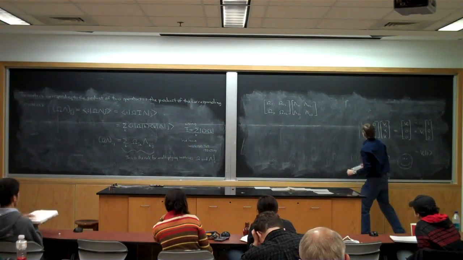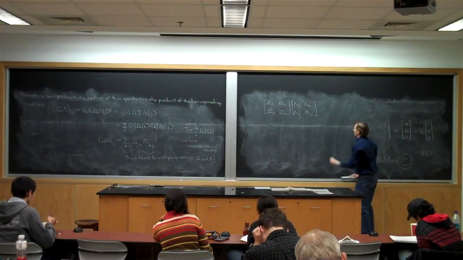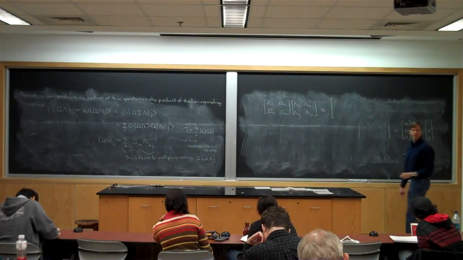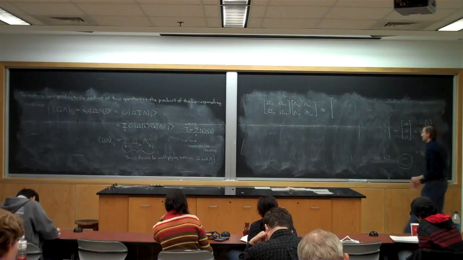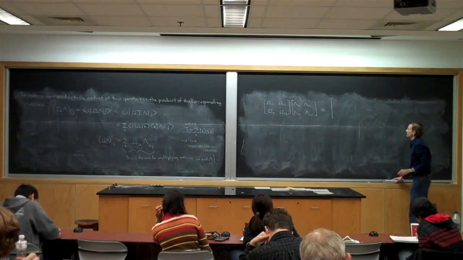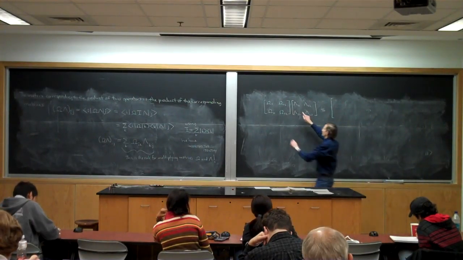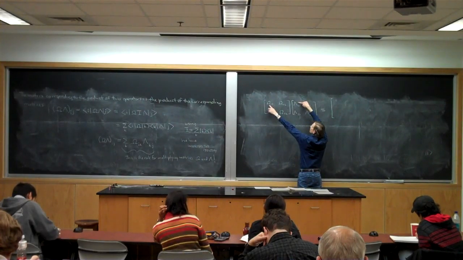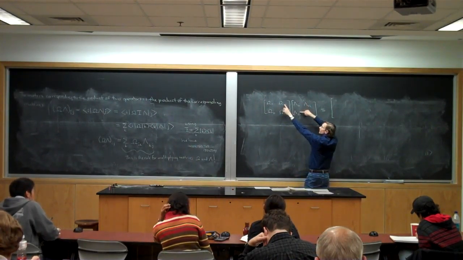If I multiply those two matrices together, I'm going to get another 2 by 2 matrix out. And we're not going to do the whole thing because that would be tedious, but let's look at just the upper left component. The upper left component is going to be omega 1,1 lambda 1,1 plus omega 1,2 lambda 2,1.